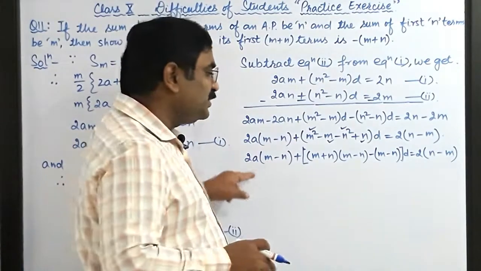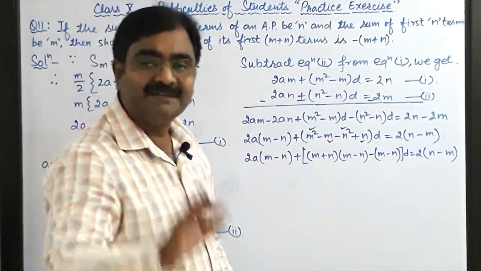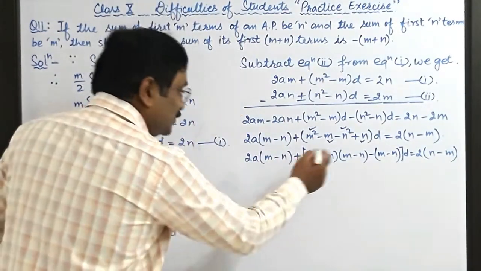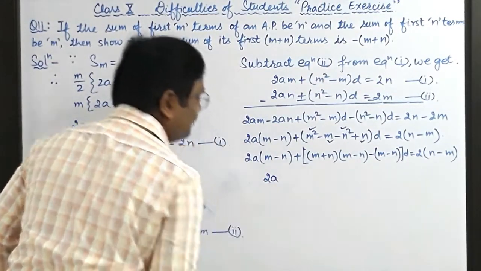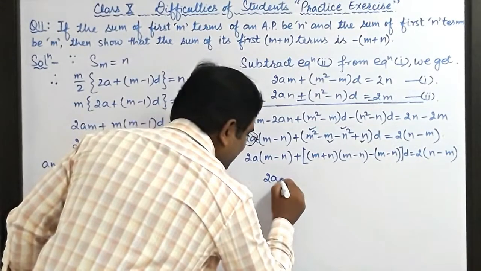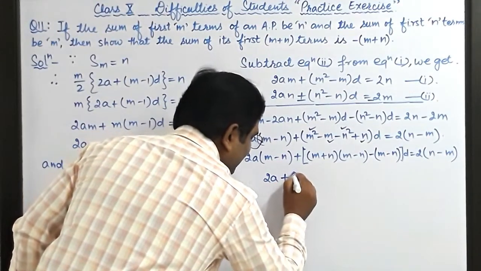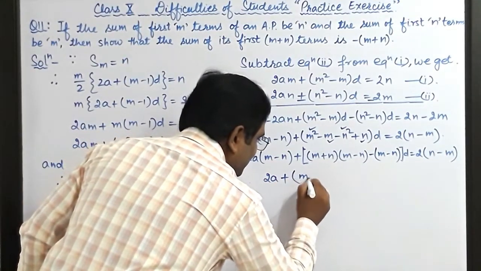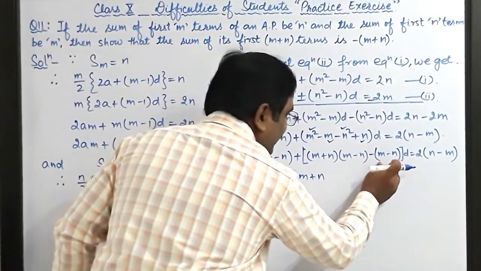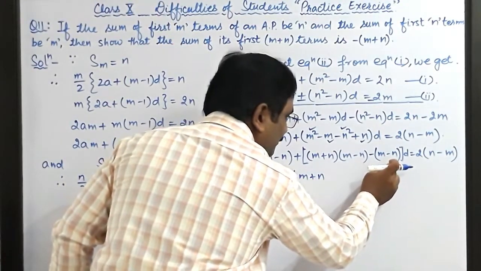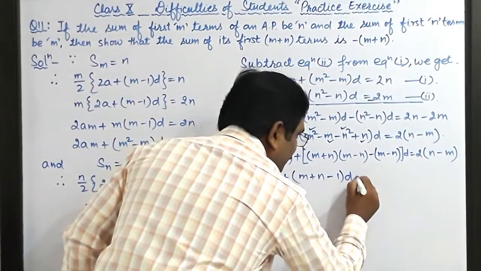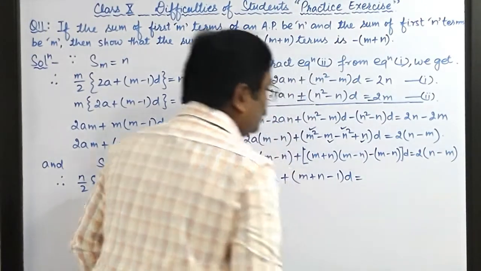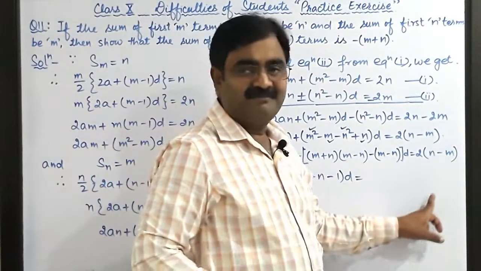क्या करते हैं, सभी टर्म्स को m minus n से डिवाइड करते हैं और कैंसिल कर देते हैं. So this equation can be written as 2a plus, here what is remaining, m plus n, and when you take m minus n common from this you will get minus 1 into d is equals to, now it is n minus m.